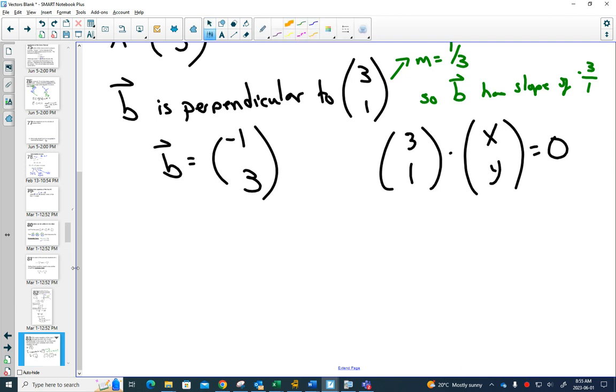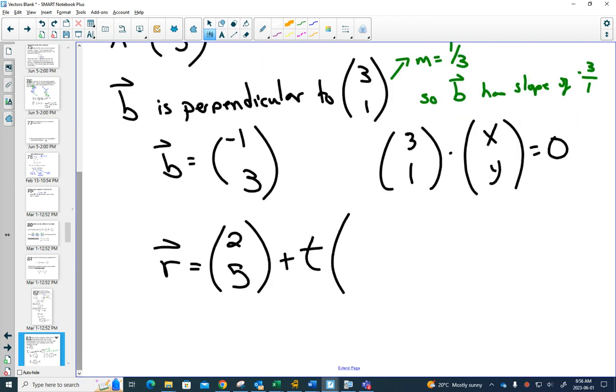So now we have our point is still 2, 5, our direction vector, negative 1, 3, and we have our vector equation of a line. Does this one want the parametric?